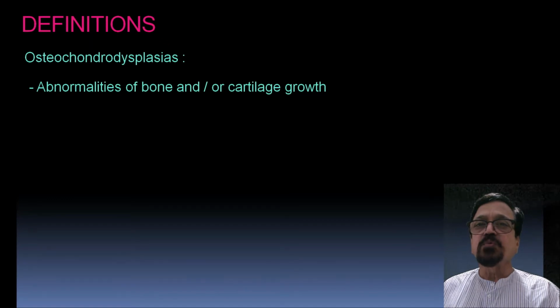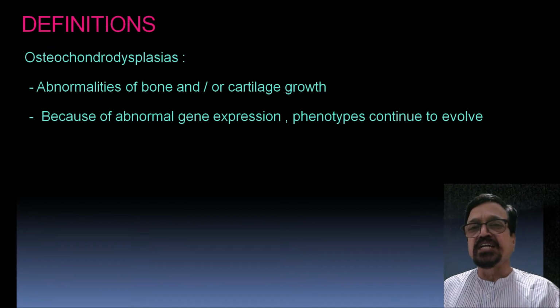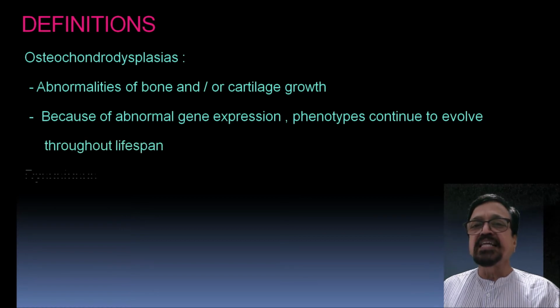Now let us come to a group that is osteochondrodysplasias. By definition, these are abnormalities of bone and cartilaginous growth. So osteochondrodysplasia is the abnormality of bone and cartilage as far as growth is concerned. Because of the abnormal gene expression, phenotypes continue to evolve over the entire lifespan.